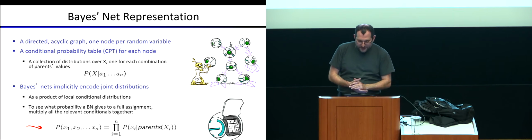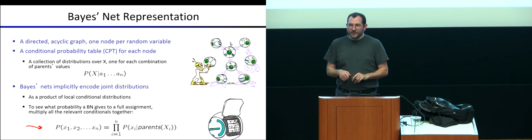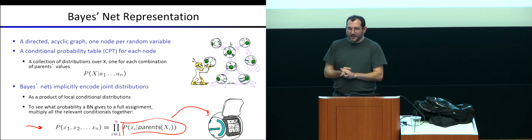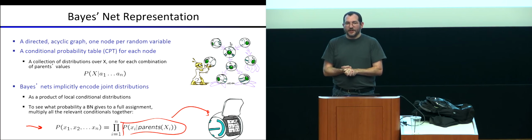If you give me a complete assignment to all the variables x1 through xn, the probability under the Bayes net is the product of all the conditional probabilities for each of those x sub i given the parents. Now, where do these all come from? Each node of the Bayes net representing a variable has those tables buried in it.